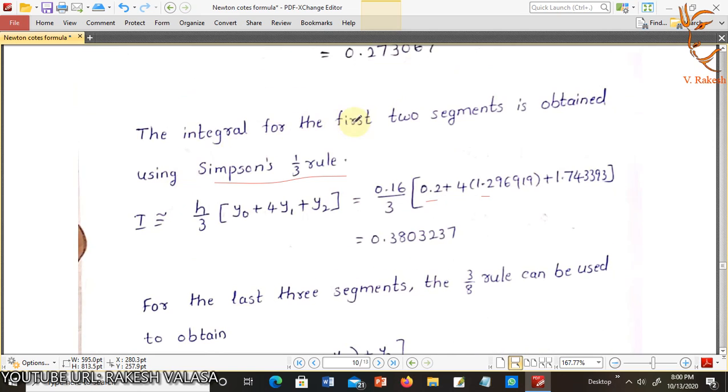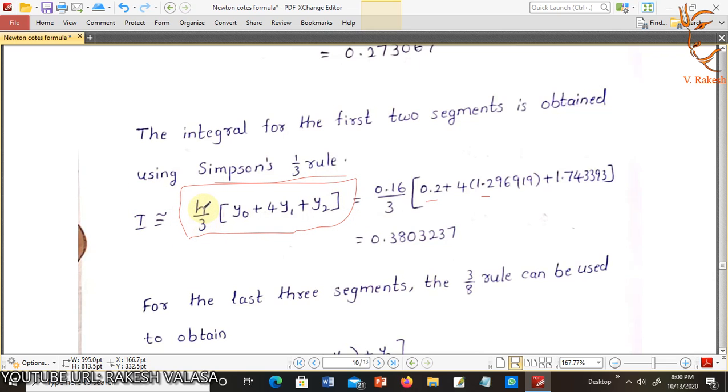The integral for the first two segments is obtained using Simpson's 1 by 3 rule. That means h by 3 into y naught plus 4y1 plus y2. You can obtain this formula by using Newton-Cotes formula. In Newton-Cotes formula, you can substitute n equal to 2.